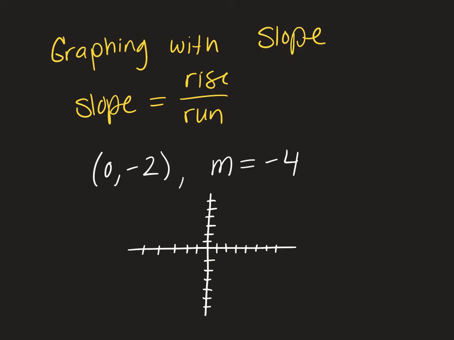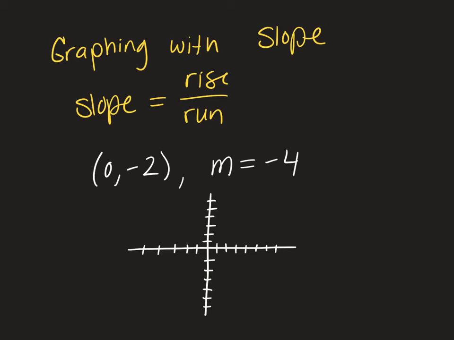Make them big enough that I can clearly see the points that you're plotting and where you're moving. Don't cram points on there. If you make it so tiny that I can't read it, I will immediately count that wrong.